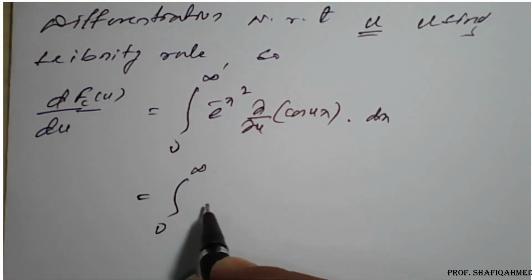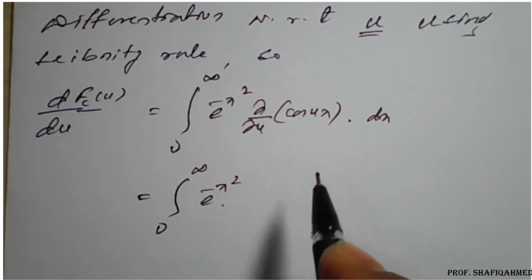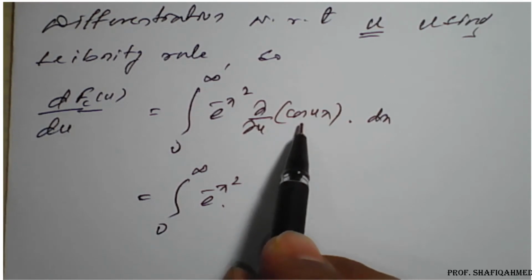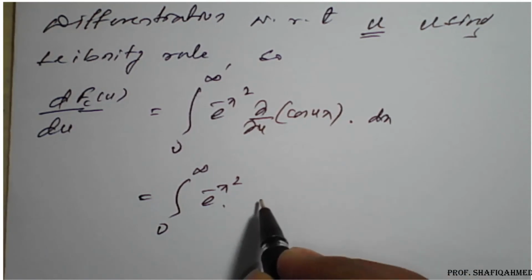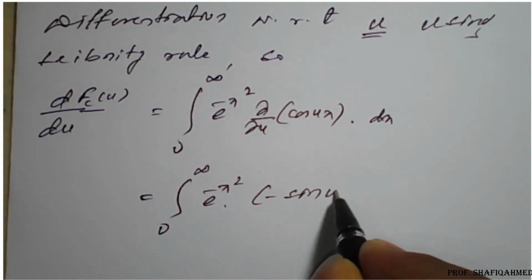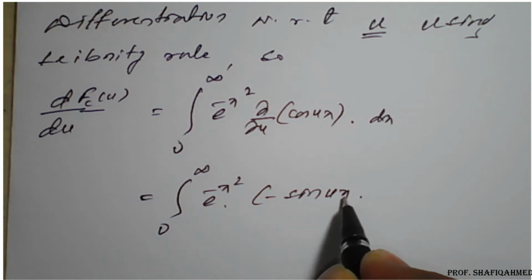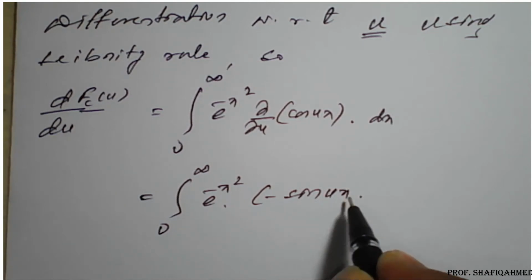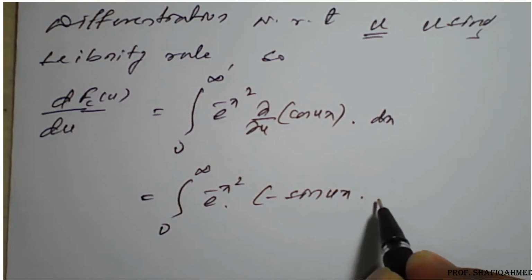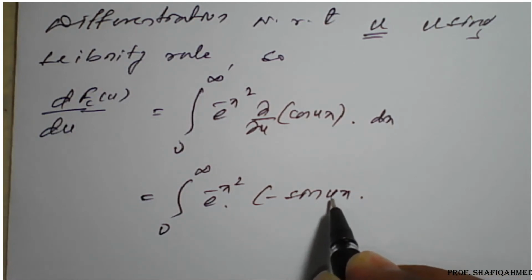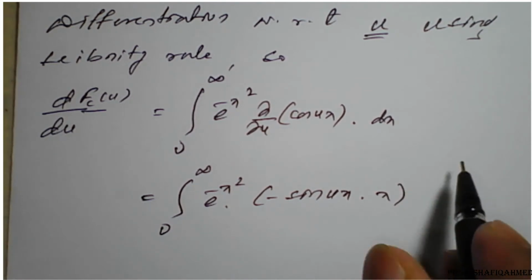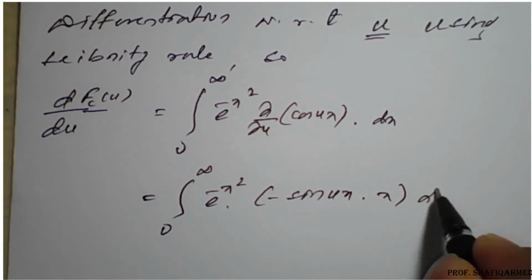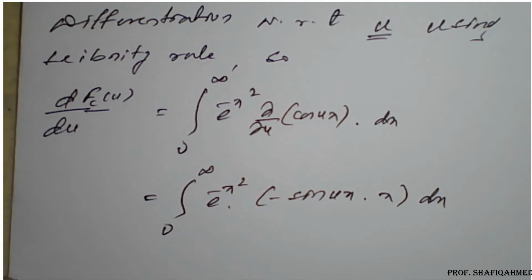integral 0 to infinity e raised to minus x square. The differentiation of cos of ux with respect to u will be minus sine of ux into the differentiation of ux with respect to u, which is x, into dx as it is. Now we will simplify again.